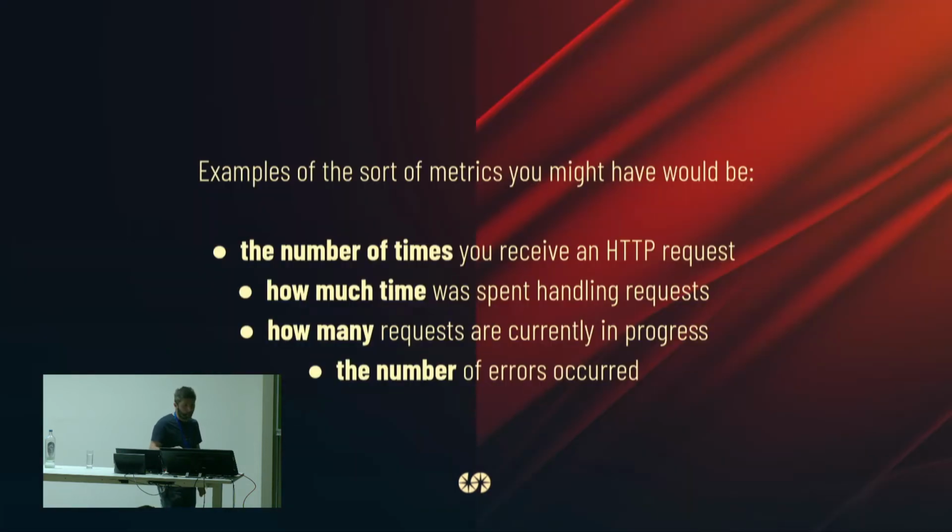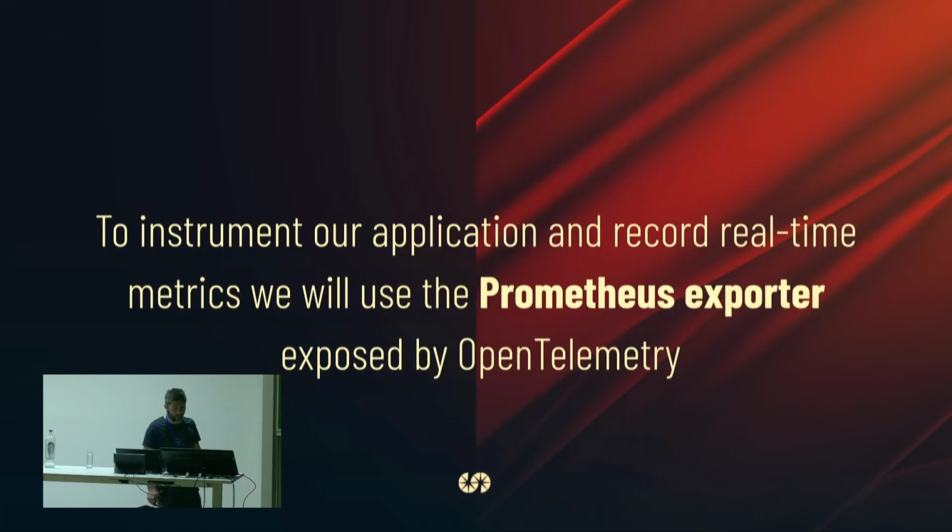For example, we can monitor the number of times we receive an HTTP request, how much memory or how much time the request handling consumes, how many requests are currently in progress, number of errors, and so on. So specific values at specific points in time.